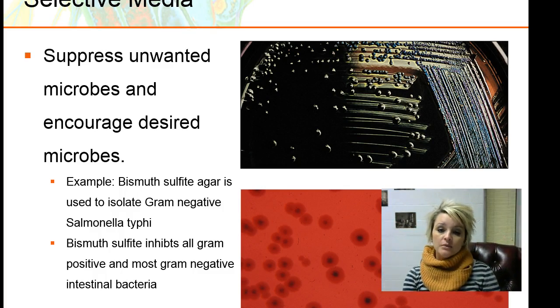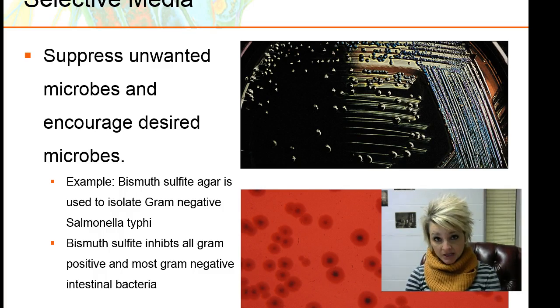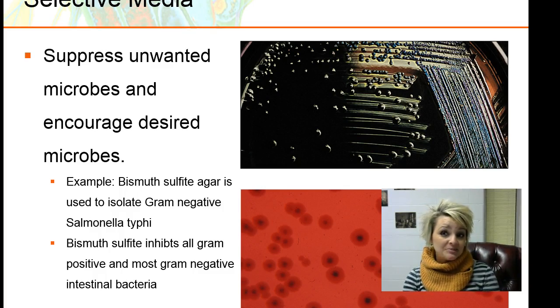So one of the things that we can do, and I believe the example up here is for Salmonella, if I wanted to encourage Salmonella to grow and I wanted to inhibit everything else, I could put it on a very selective media. A bismuth sulfite agar can isolate Salmonella, and what it does is nothing else from the gut grows on that.